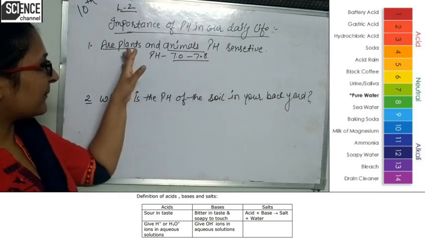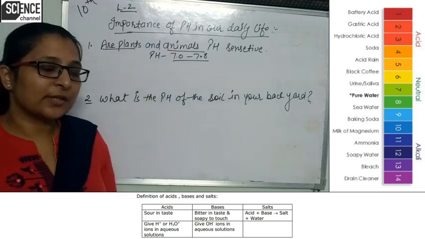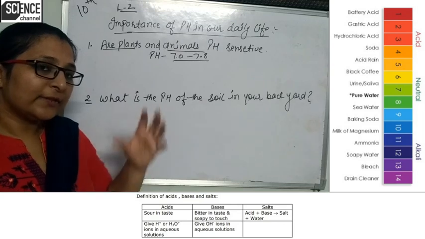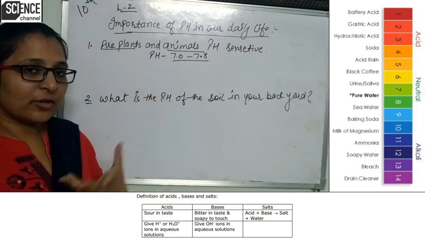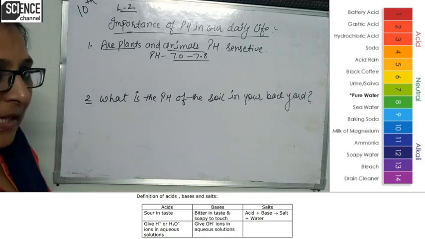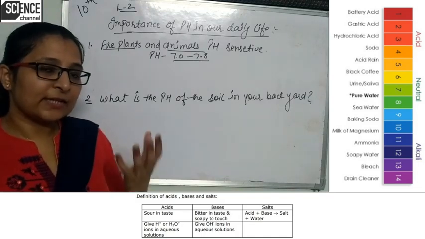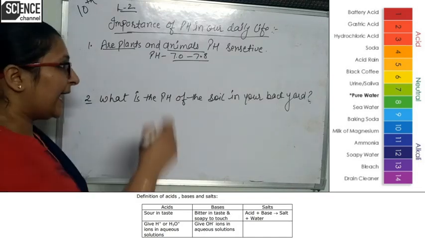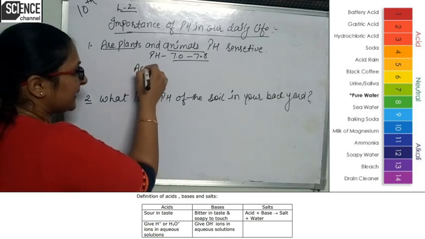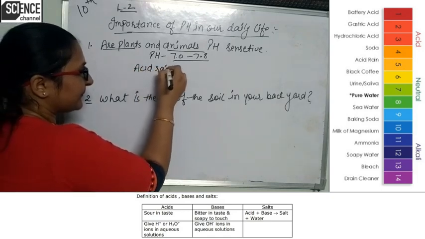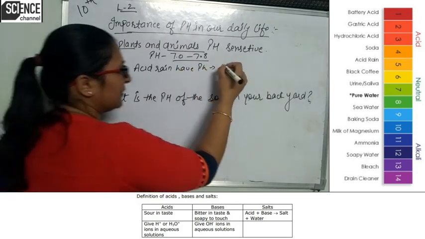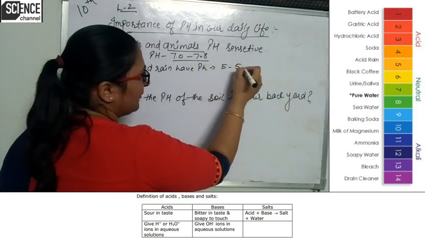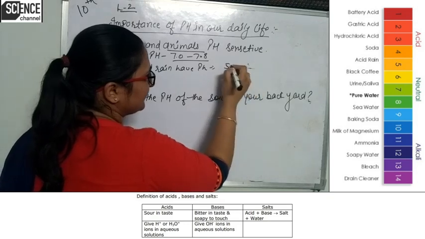Mostly, plants and animals require water. If the water is acidic, now there is a lot of pollution around us, and in that case the rain becomes more acidic, and acidic rain has a pH value of 5 to 5.6.